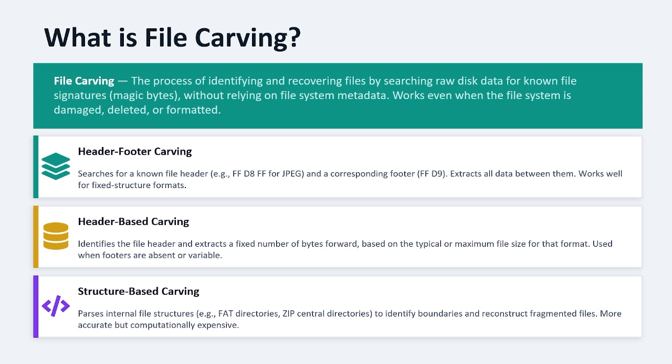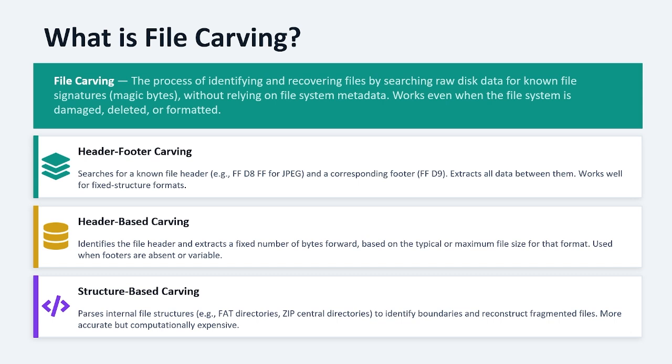What you have is a list of known headers, and sometimes footers, and sometimes you're looking for just known structures, and you're looking through the entire drive, the entire image, for patterns that match that header, footer, or structure, and then you're recovering the file from there.